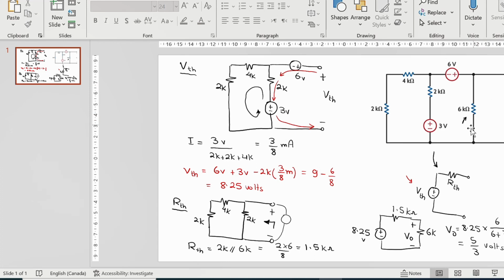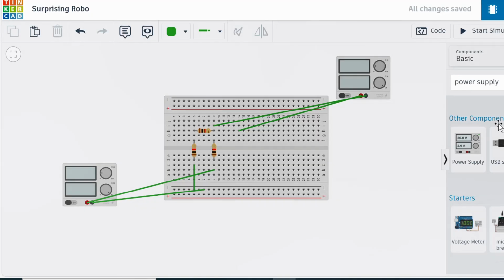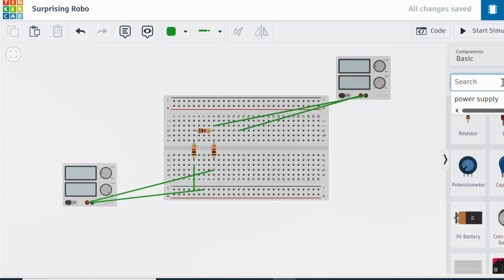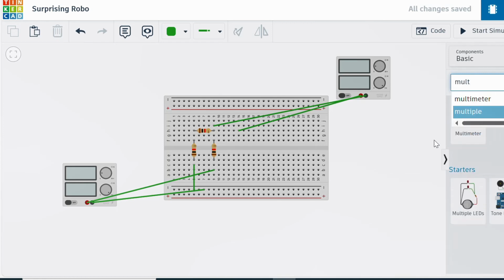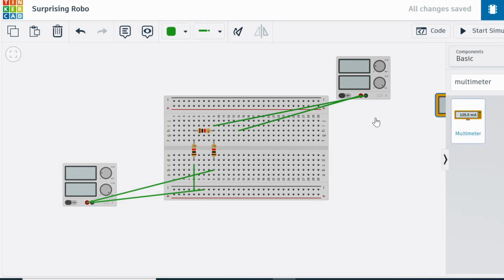So I will not use the 6K resistor. I will connect the circuit without the 6K resistor. And this is what you should do in the lab to measure Thevenin voltage and Thevenin resistance. You should disconnect the load resistance from the connections. I can use some multimeters to verify the values of the batteries. So let's put a multimeter.